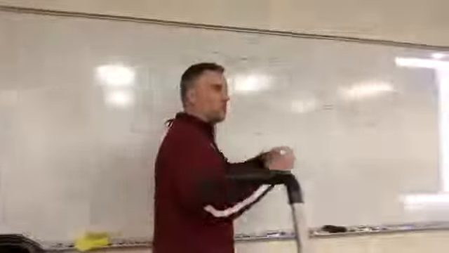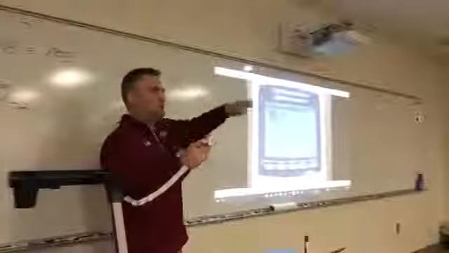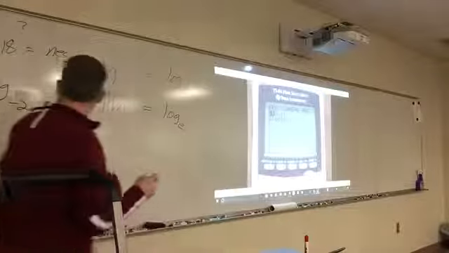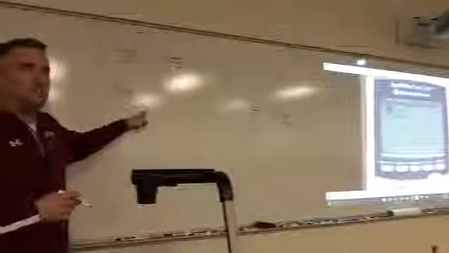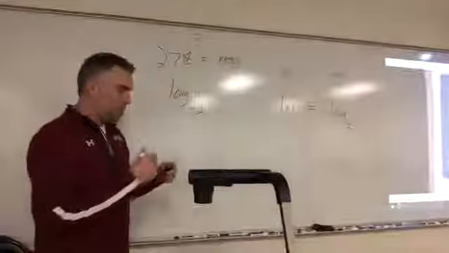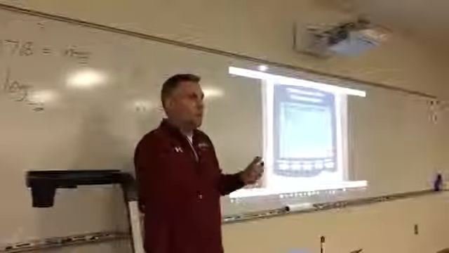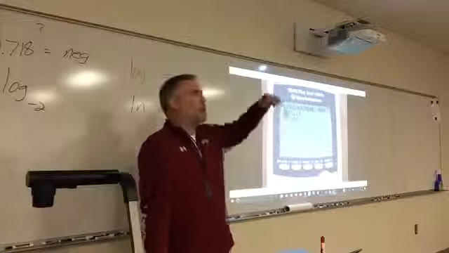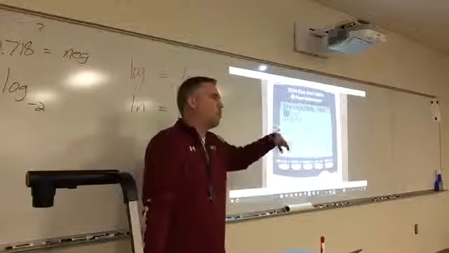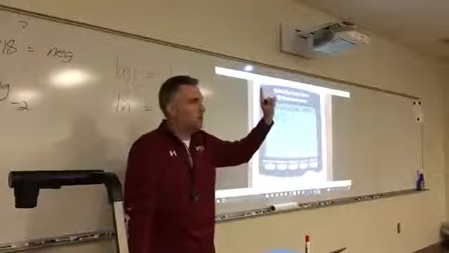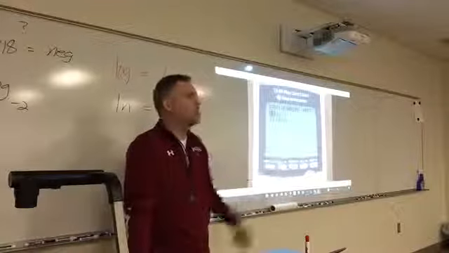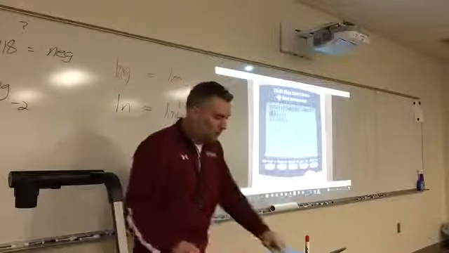So the same rules that held true for b when we did exponentials hold true for b as the base in the logarithm. It's got to be a positive number, and it can't equal 1. What happens if it were to equal 1? 1 raised to what power gives me some number? Well, 1 raised to any power gives me 1. So it doesn't make any sense to use 1. Okay.